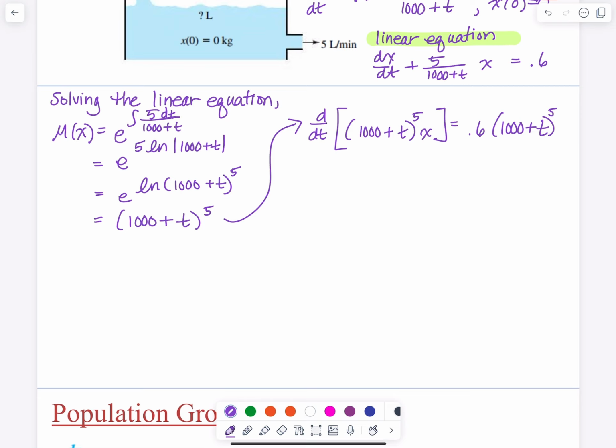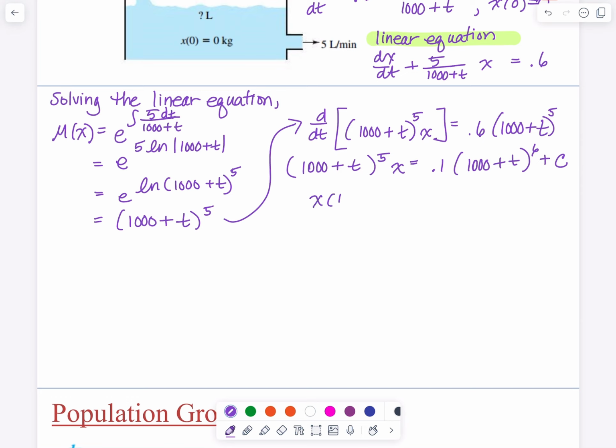So now we have 1,000 plus t to the 5th power times x is going to be equal to the integral on the right-hand side, 0.6 divided by 5, so we'll have 0.1 multiplied by 1,000 plus t to the 6th power plus a constant.